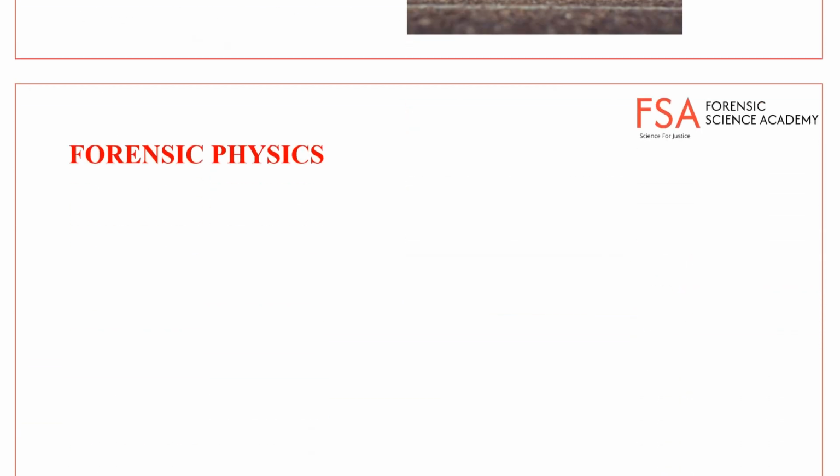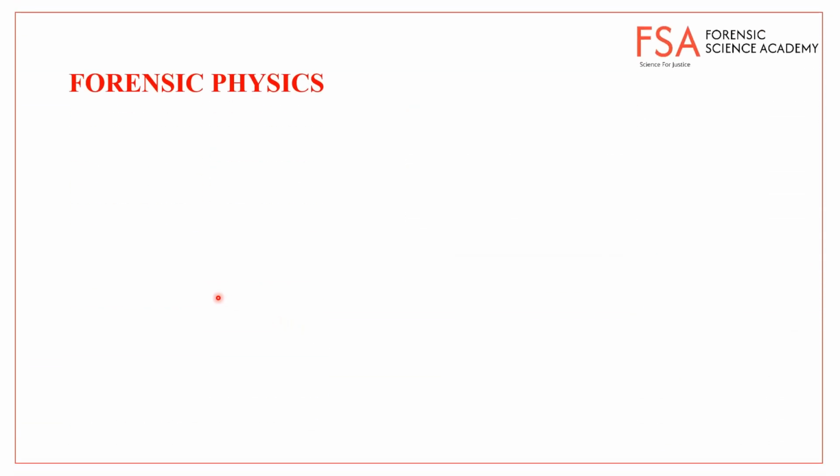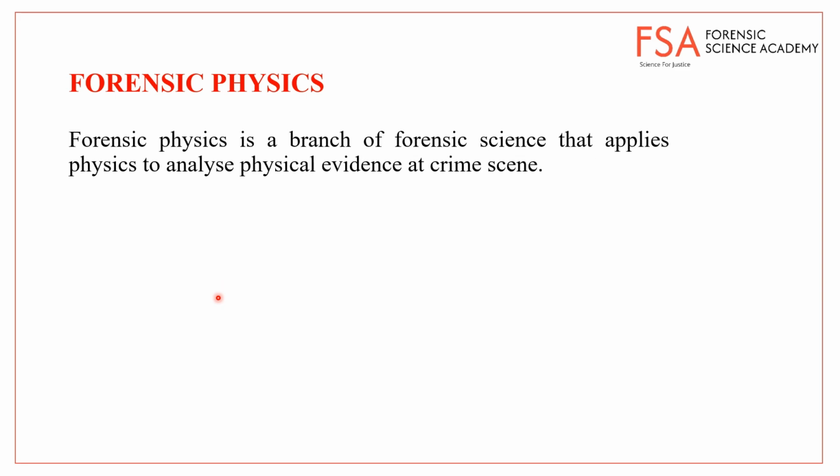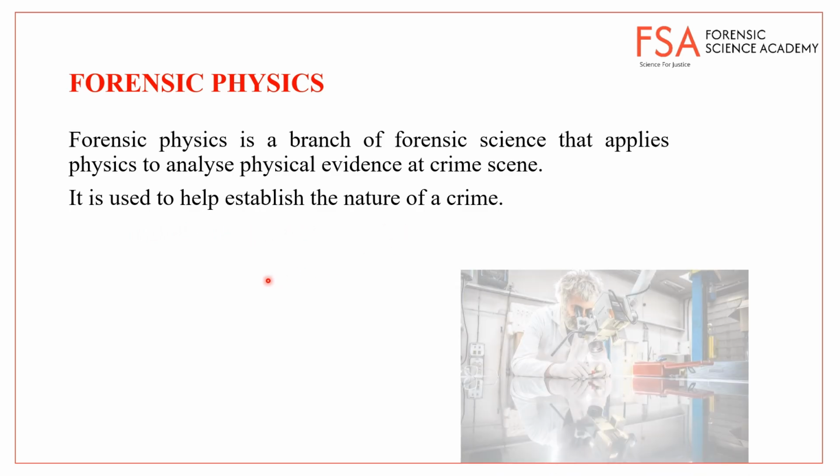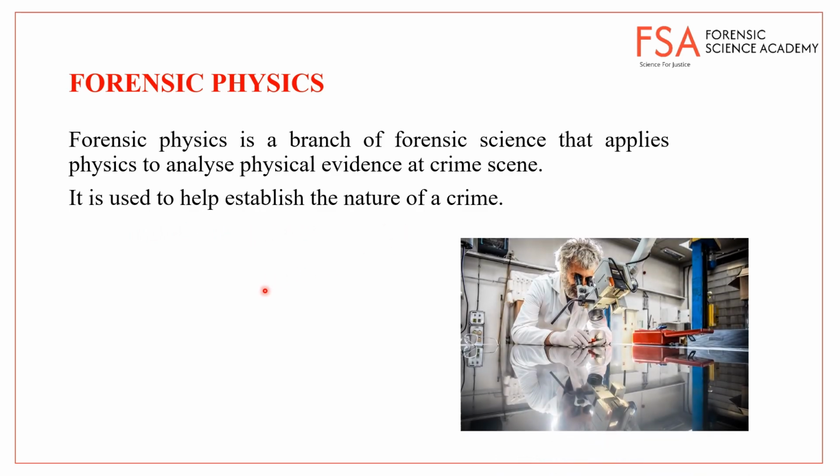Then we have forensic physics. Forensic physics is a branch of forensic science that applies physics to analyze physical evidences at a crime scene. And it is used to help establish the nature of a crime. For example, there is a hit and run case. Then forensic physics plays a role.